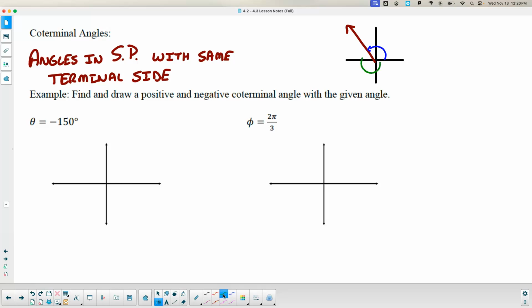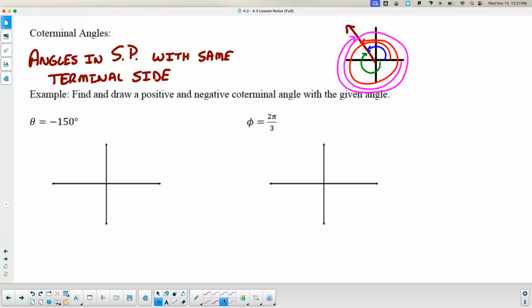We could get one angle measured this way in the negative direction. We could get one by going all the way around in that direction, and another by going all the way around again, and we can continue that forever and ever, in both directions. In a positive way, we just go another 360 degrees or another 2 pi radians. In the negative direction, we subtract 360, subtract 2 pi. We can keep going like that all the way through.